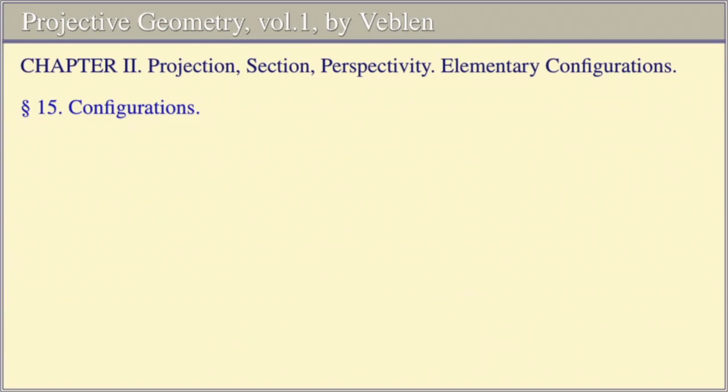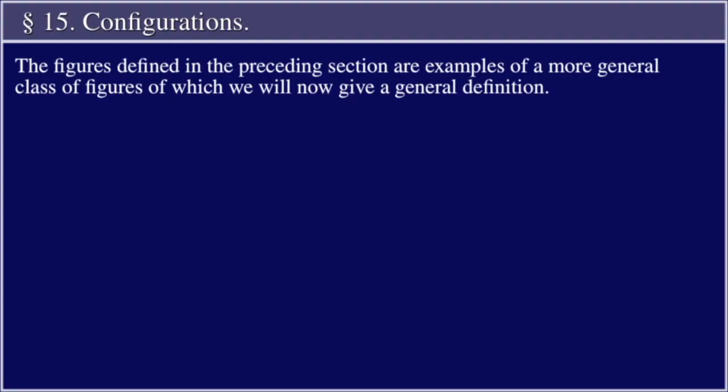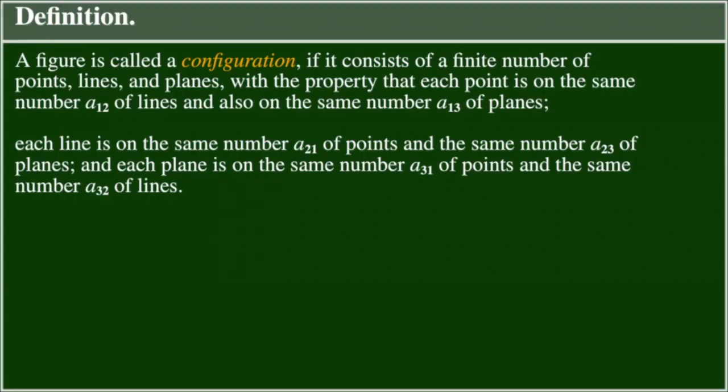Section 15, Configurations. The figures defined in the preceding section are examples of a more general class of figures, of which we will now give a general definition. Definition. A figure is a configuration if it consists of a finite number of points, lines, and planes, with the property that each point is on the same number a12 of lines, and also on the same number a13 of planes.